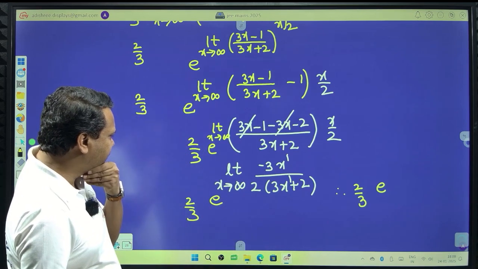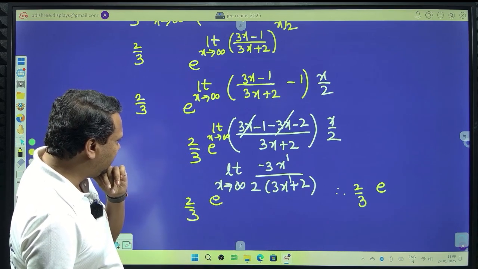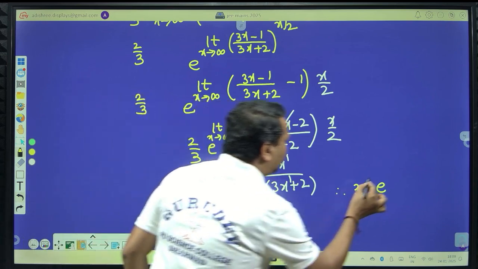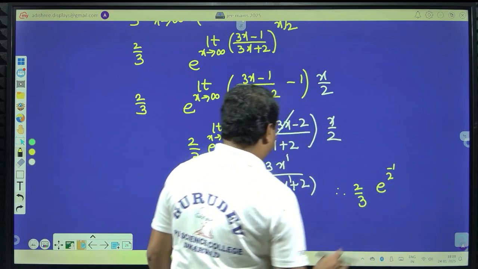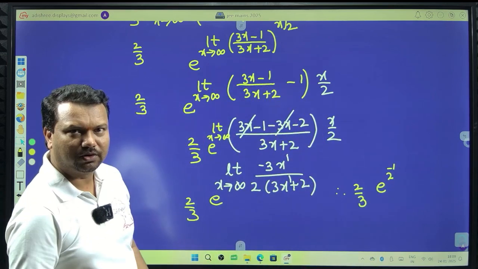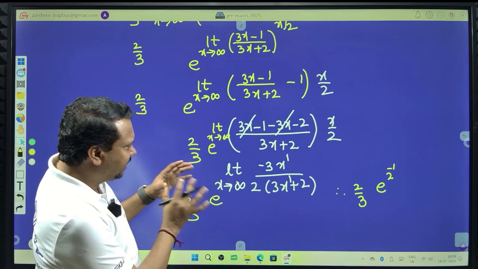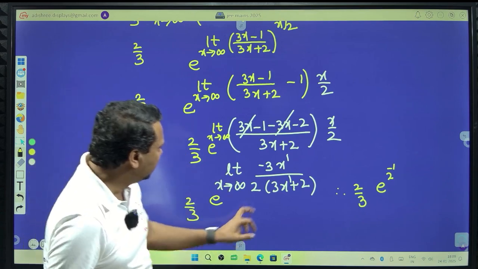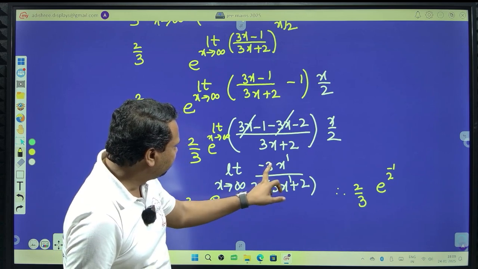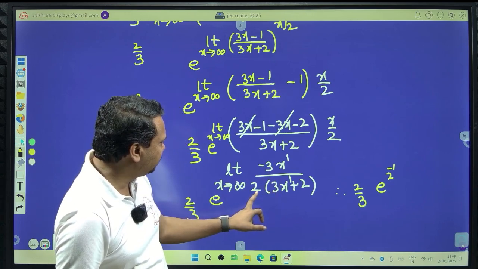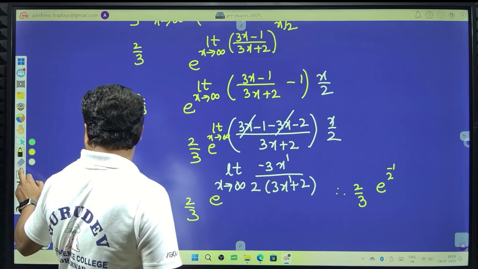Now observe, everything happens in the e to the power. Is it 2 to the power minus 1? Am I right or wrong? Because 2 by 3 is already a fraction. Whatever we are calculating, everything happens in the e power. So here if you observe carefully, minus 3 divided by 3 is minus 1. So what I will get is 1 by 2 to the power minus 1.